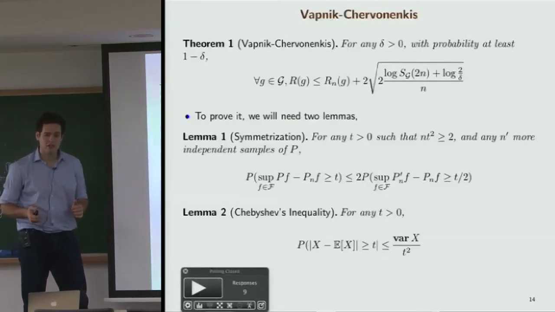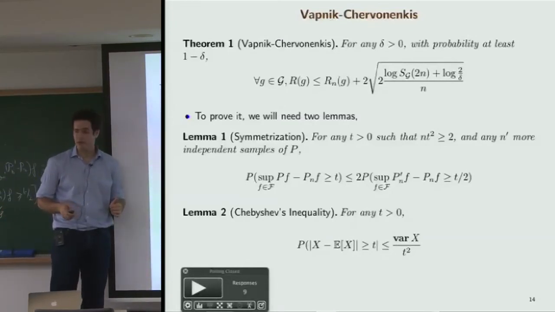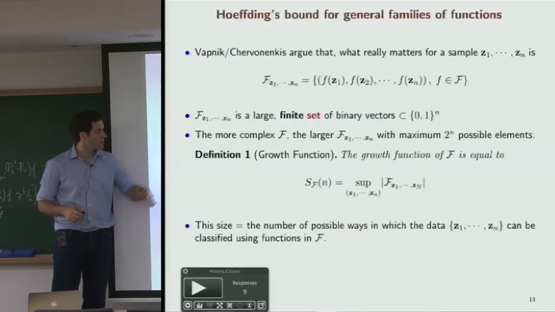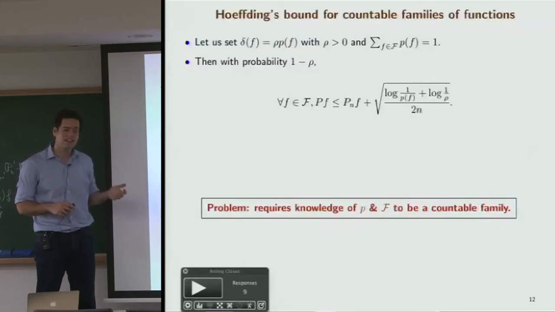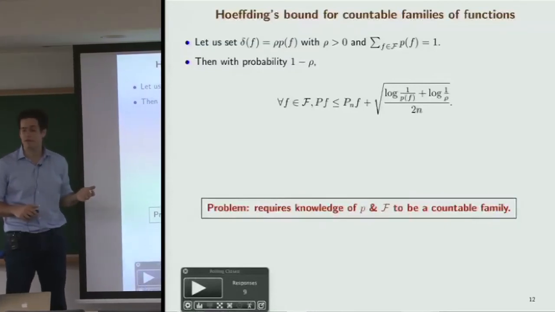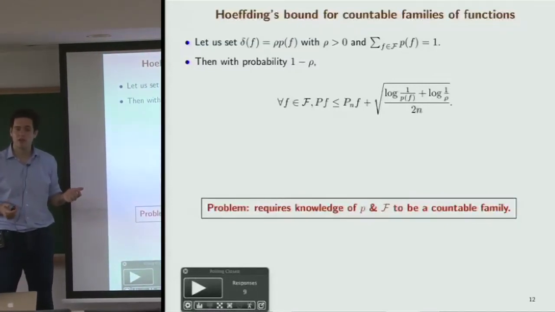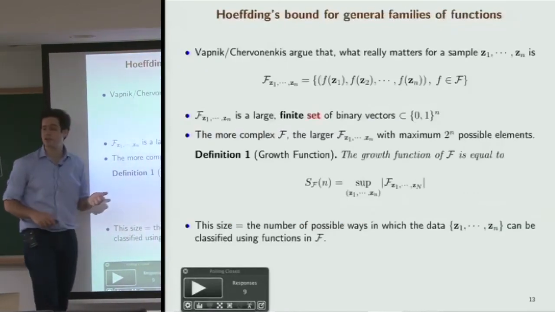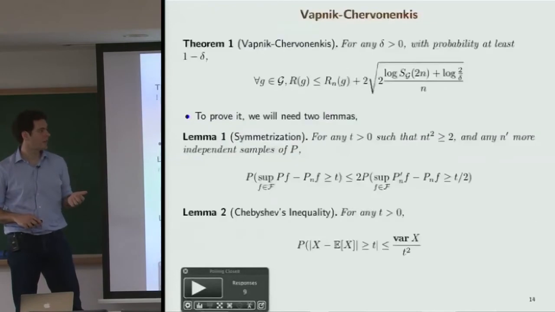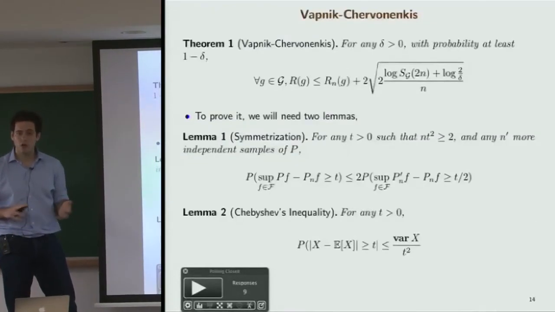If you remember, I said that one of the problems of this approach was that it's not necessarily easy to come up with a good prior P of f. But if you can compute this function, then you can come up with a bound which is uniform, which works for the whole function class.